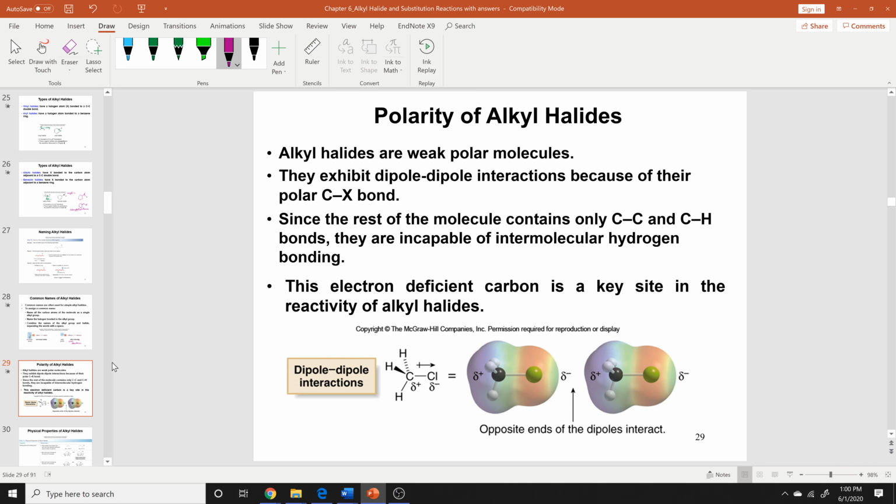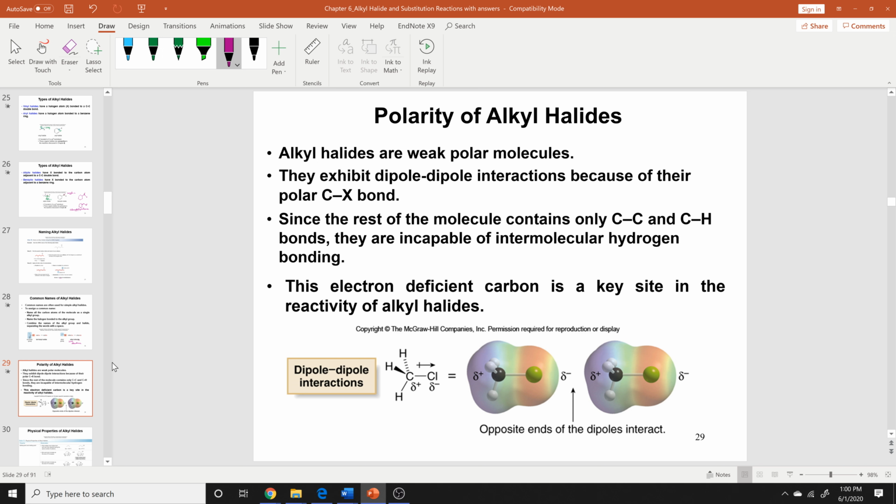Now, alkyl halides do have a polar C-X bond. It's so important to know what your charges are, where the electron deficient site is, and where the electron rich site is, because the alkyl halide is going to react with other reagents. According to these other reagents and their charge, whether they are nucleophiles or electrophiles, I can carry out my reaction.